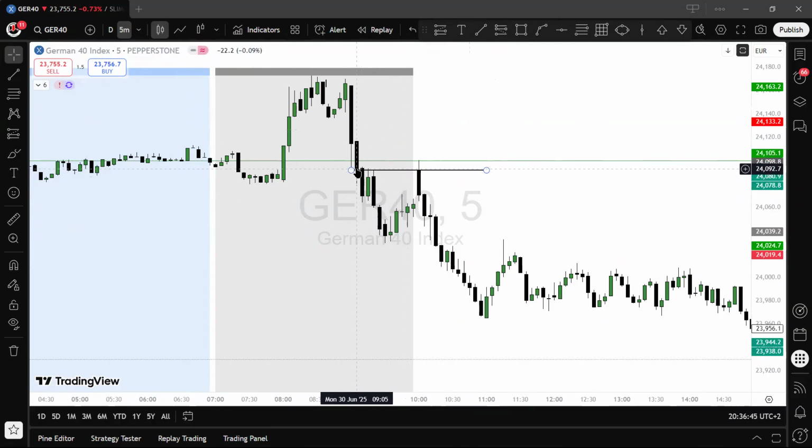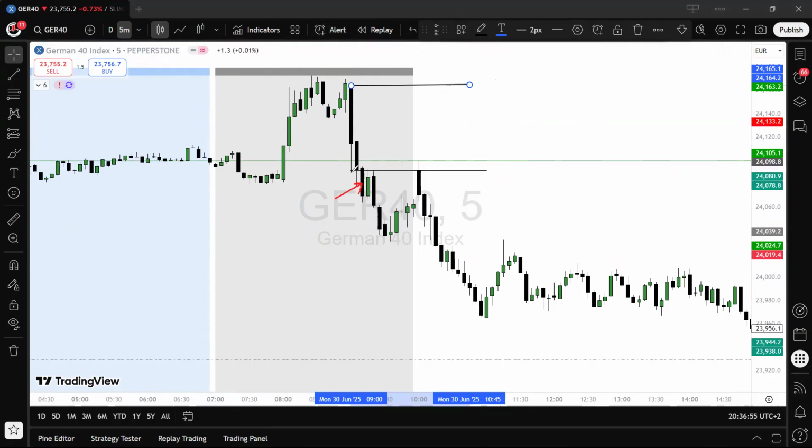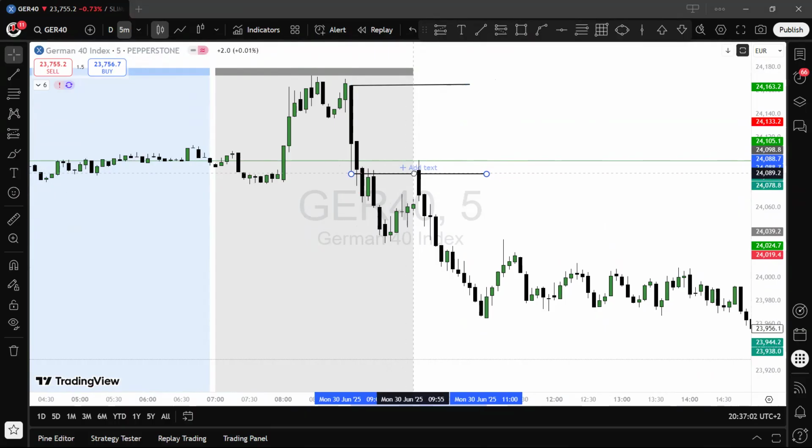So the opening range low is this one. The opening range high is this one. The candlestick which breaks out here is actually this one. If I'm to correct this black line nicely here, let me actually do it. Right, so there we go.